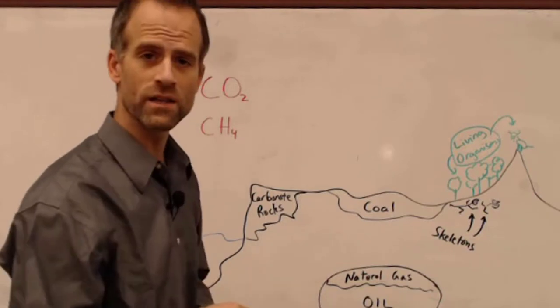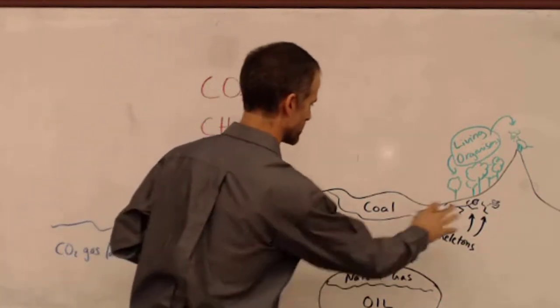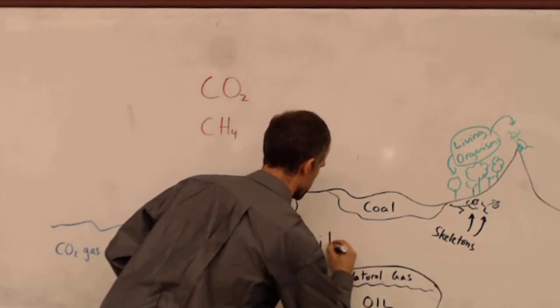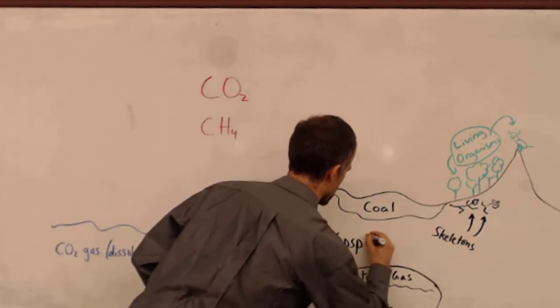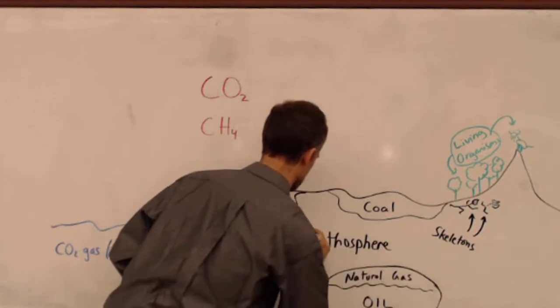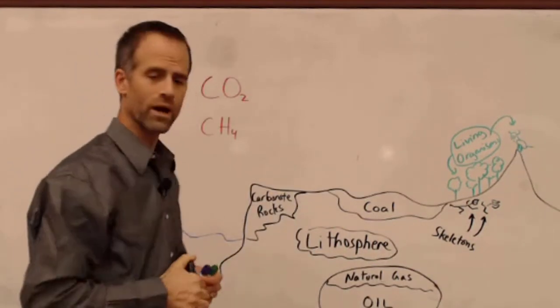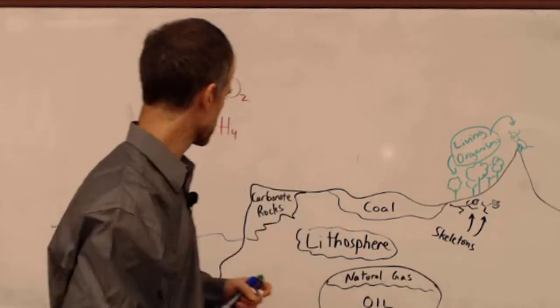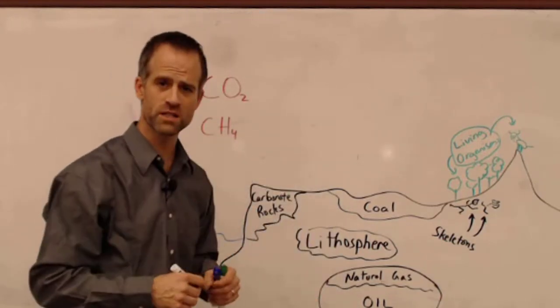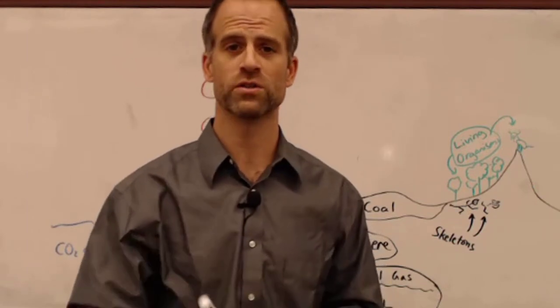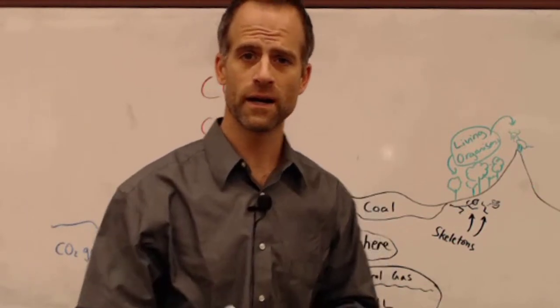I'm going to look at the lithosphere first, so I did this in black. We have the lithosphere, and that is belonging to the Earth, rocks and such. Where is carbon stored? Well, it can be stored as carbonate rocks, so things like chalk. The chalk that you're used to, that's a carbonate. That's carbon.